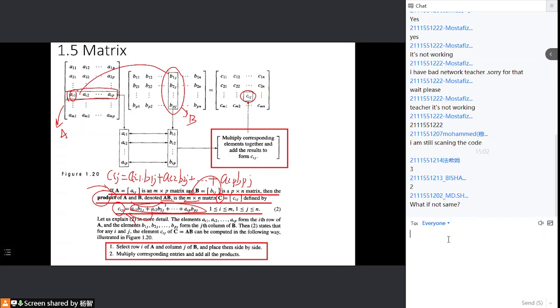Every element is multiplied and then summed together. It means Ai1 multiplied by B1j, Ai2 multiplied by B2j, up to Aip multiplied by Bpj, and they are summed together, and we get C. This is the expression.